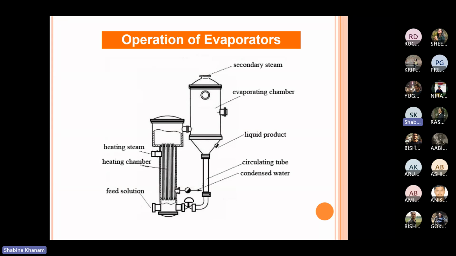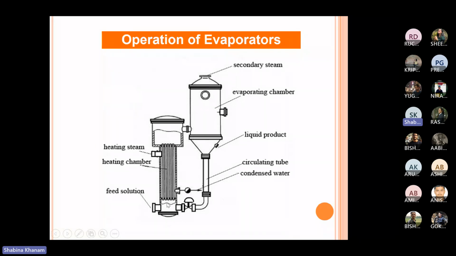It must have all these three components: heat exchanger, vapor liquid separator, and circulation pipe. In a few types of evaporator the circulation tube may not be there, but in most cases these three components are involved. So in this way we can consider the effect and how the complete procedure or operation is conducted.